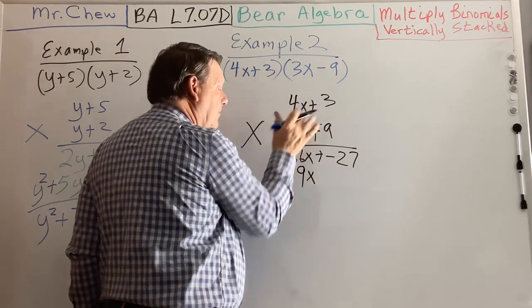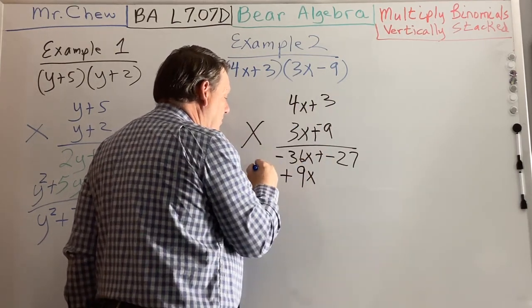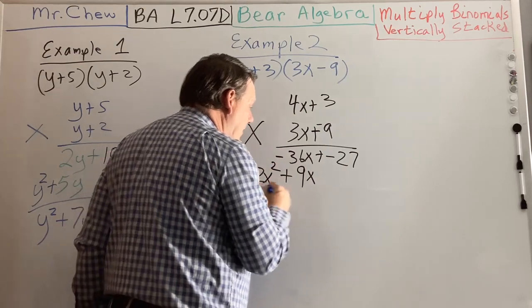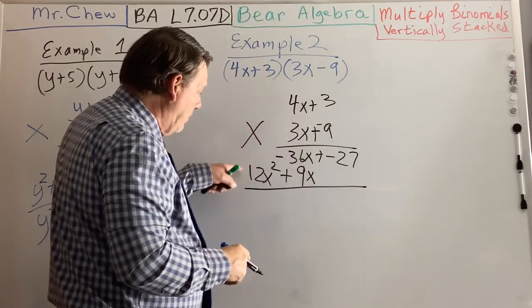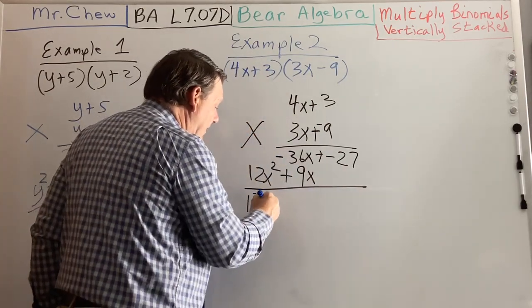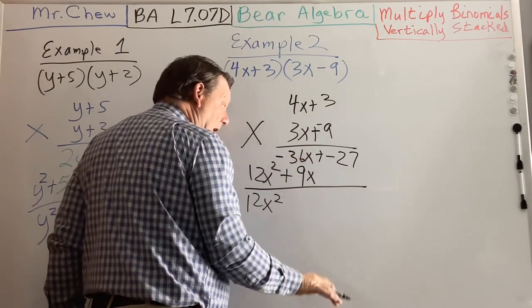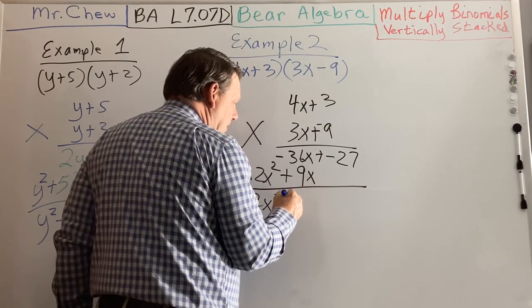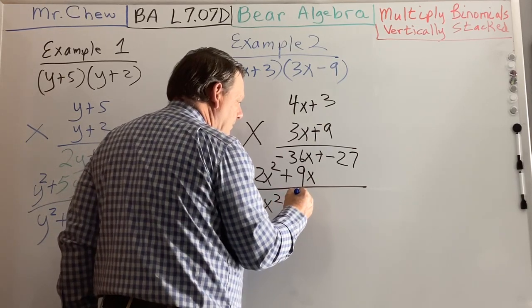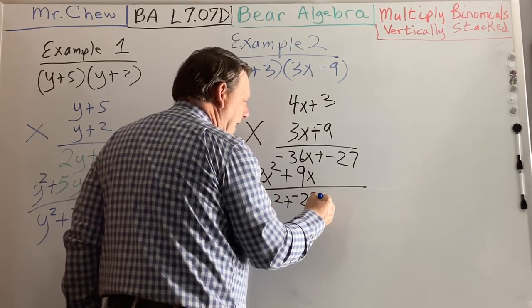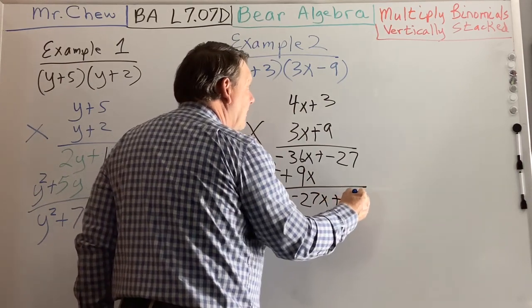And 3x times 4x is 12x squared. Now 0 plus your 12x squared is just 12x squared. Negative 36x and 9x, while I add down, is going to be negative 27x plus negative 27.